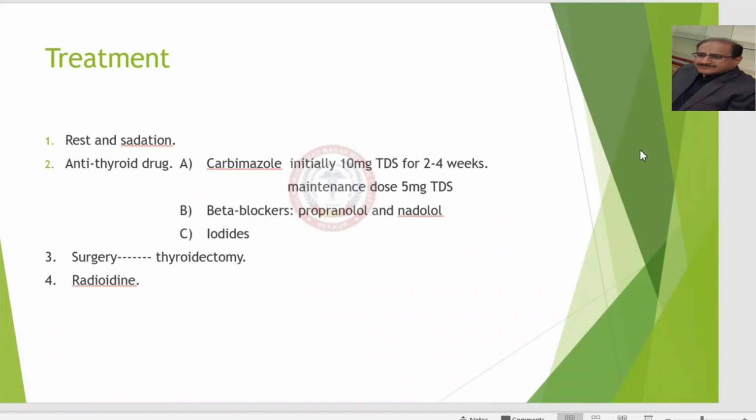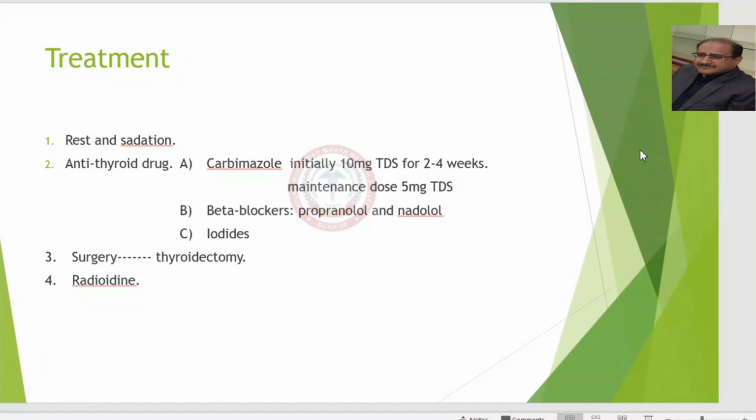Initially 10 milligram 8 hourly is used for 2 to 4 weeks as the initial dose. Later on, the thyrotoxicosis will settle down to a controlled level. Then we use a maintenance dose, 5 milligram 8 hourly.